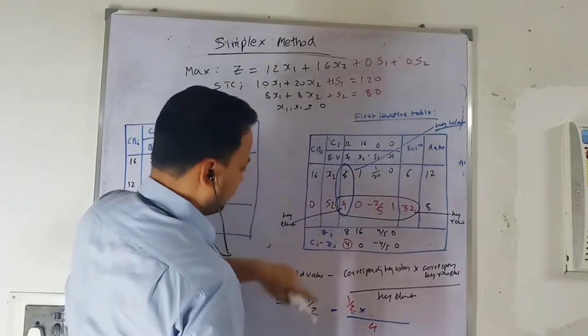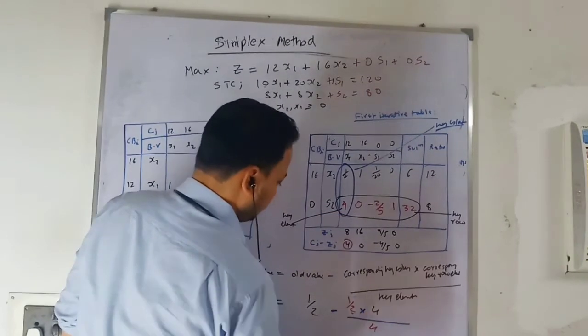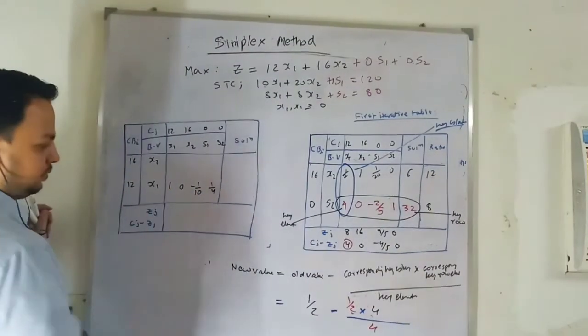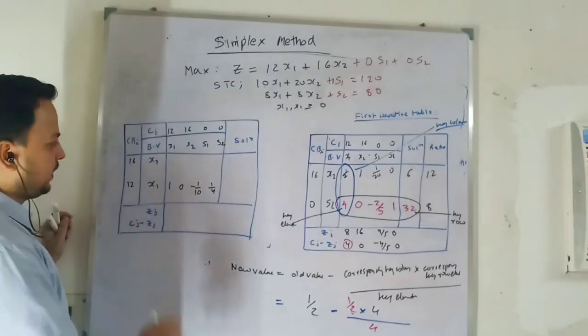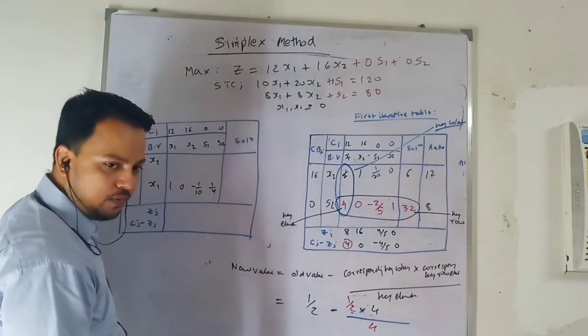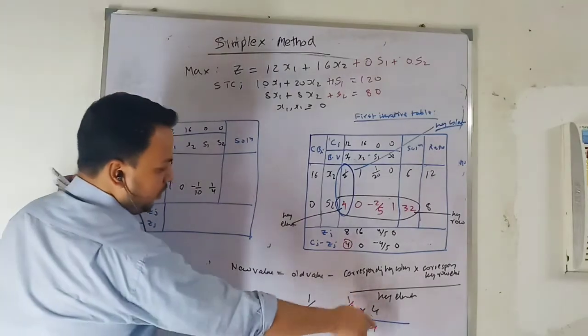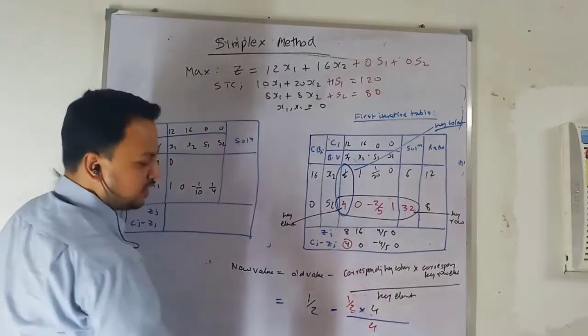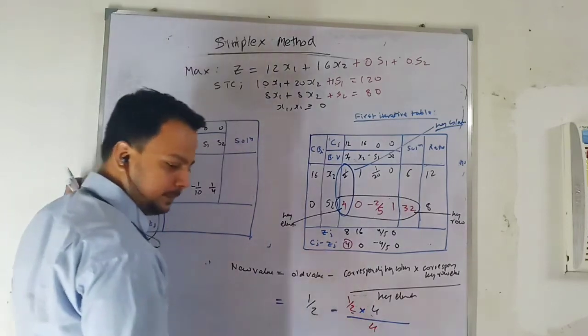Okay. And corresponding row value is how much? 4. So what you will get here? Zero. 4 cancel out. 1 by 2 minus 1 by 2. Right? Yes or no?